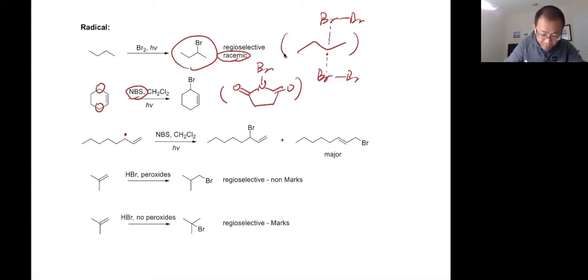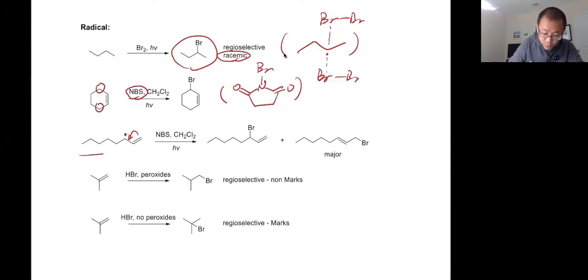For example, if I have an allylic radical here, it can resonate. So when you have allylic bromination, you can expect bromination on carbon number 1 and 3, because that's where the allylic radical will shift because of resonance.